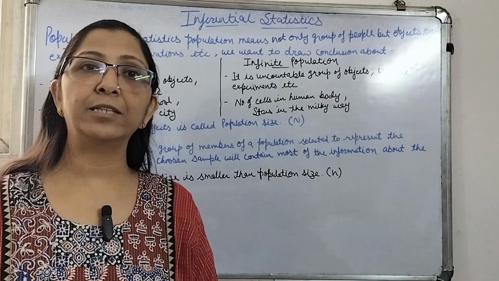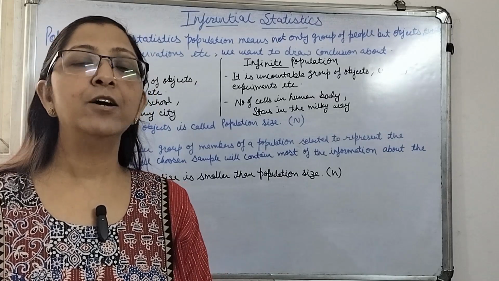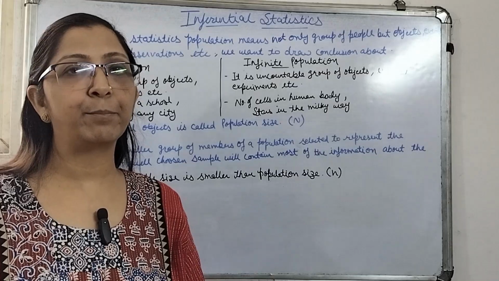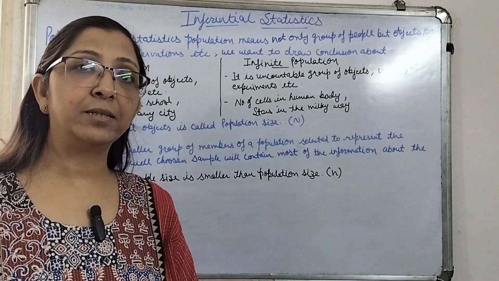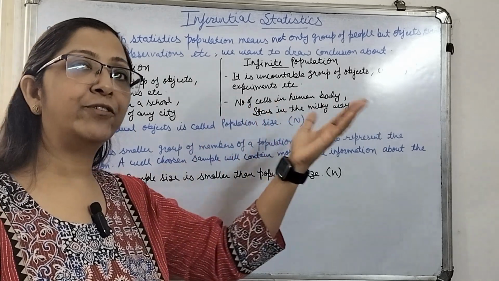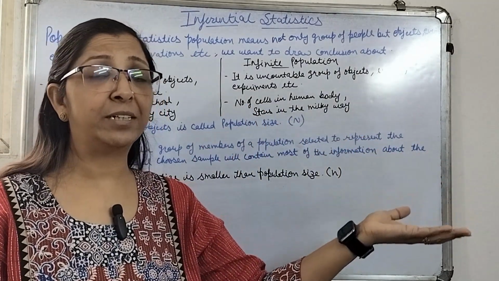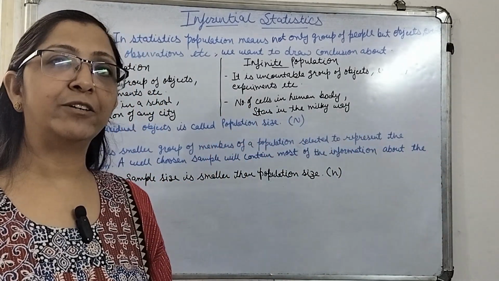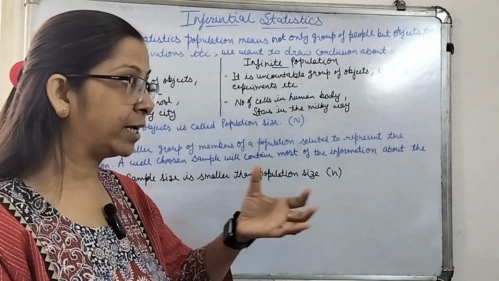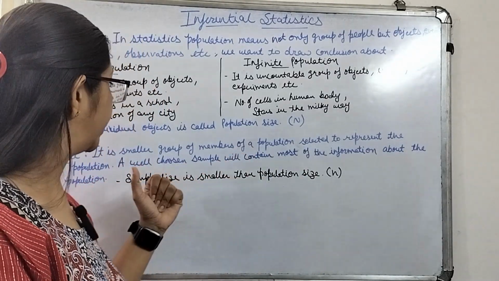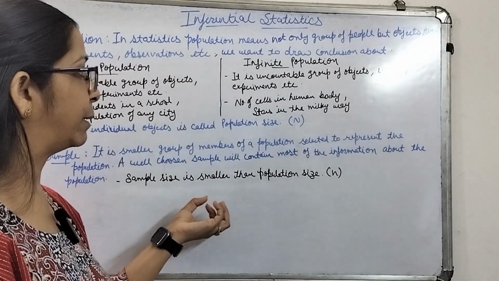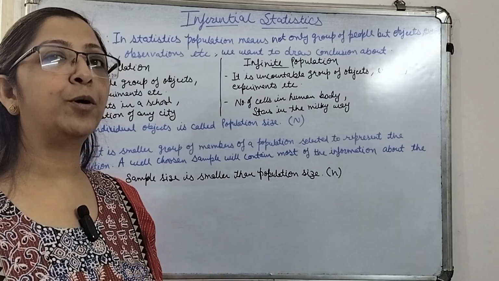If I take people from some other state or city, say Rajasthan or Bhopal, MP, the literacy rate will be different. So it is very important from where we take out the sample. A sample is a small group of members which is going to represent the whole population.